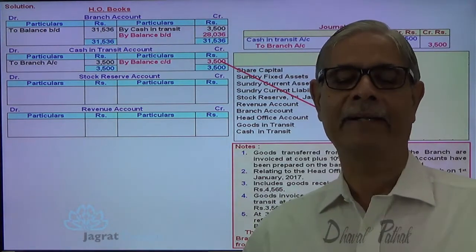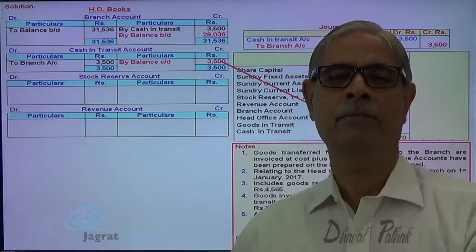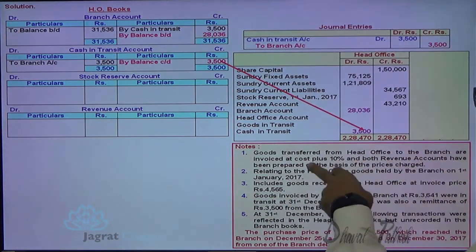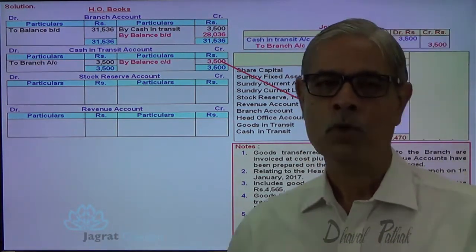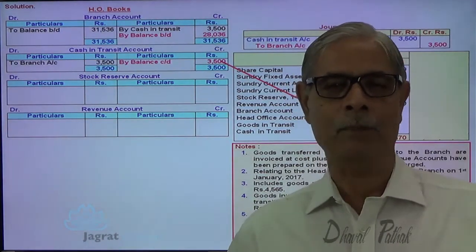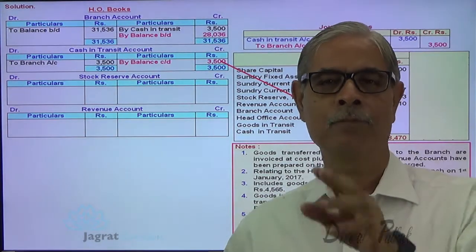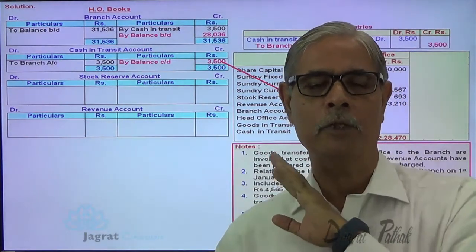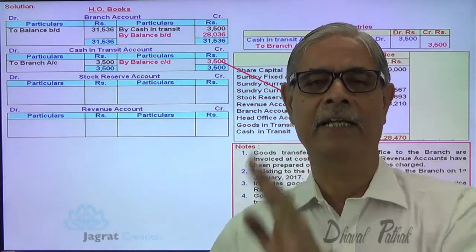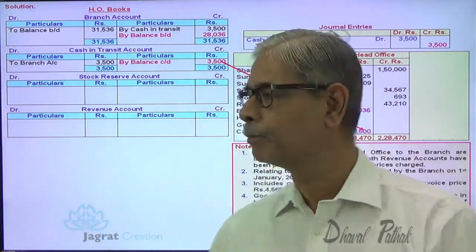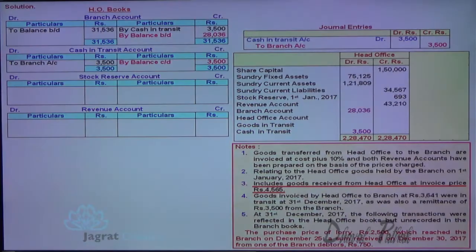Now I am required to find out the unrealized profit in stock. Stock is valued at cost plus 10%. Unrealized profit exists in the closing stock valued at an invoice price and in goods in transit valued at an invoice price. Both together have a profit load of 10% above cost. So let me work it out.